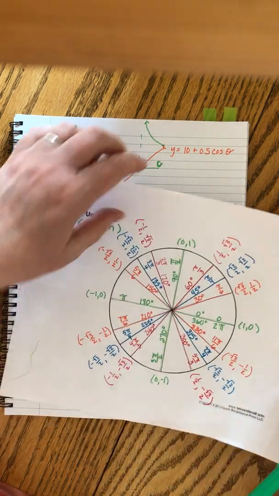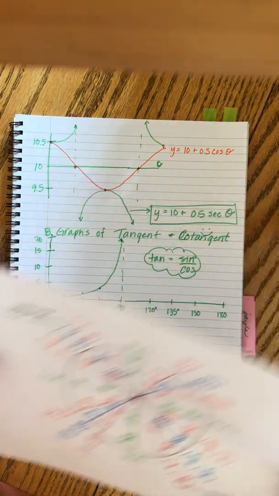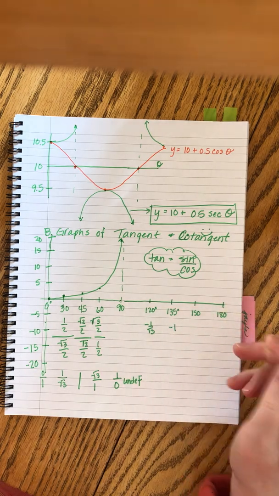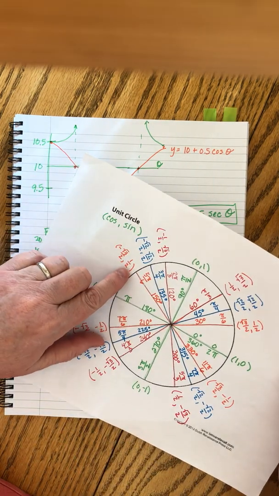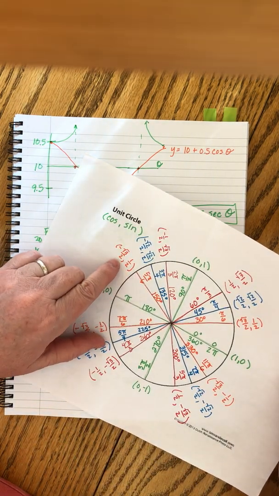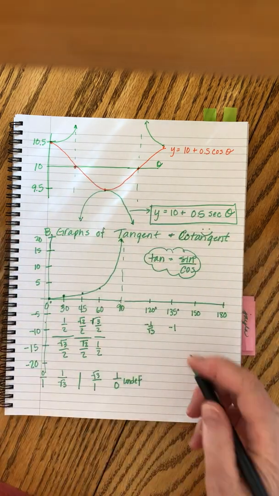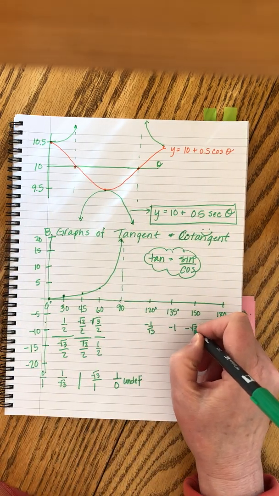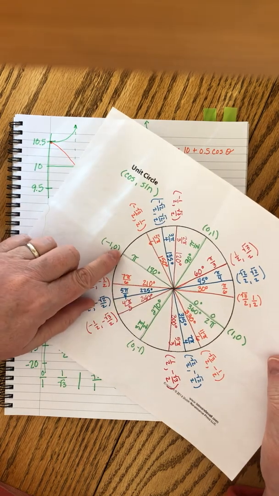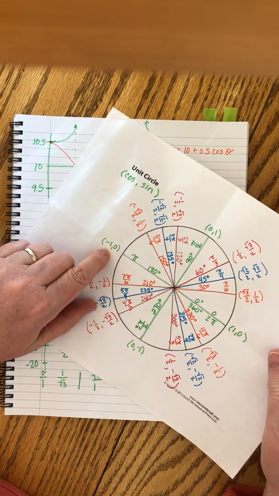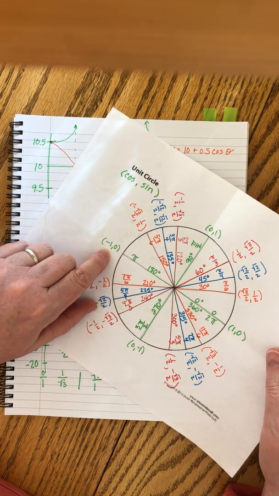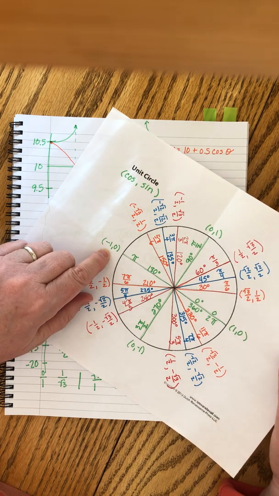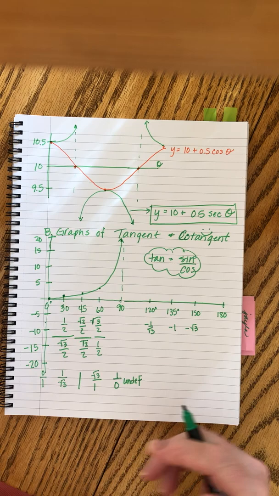At 135, it's -1. At 150, it would be -square root of 3 over 1. And at 180, it would be 0 over -1, which is 0.